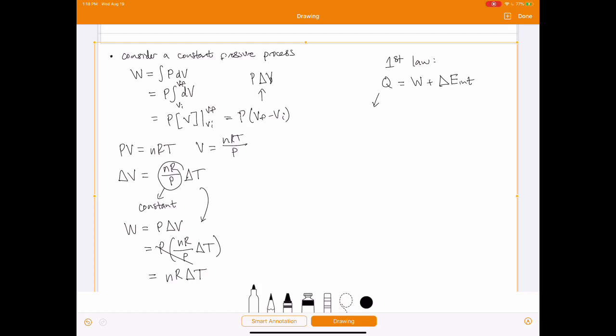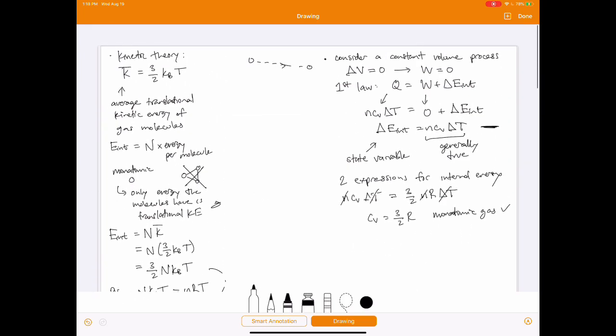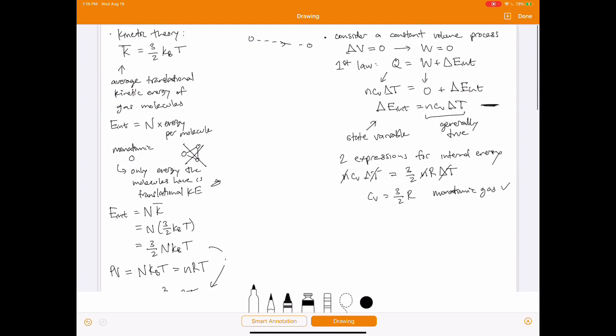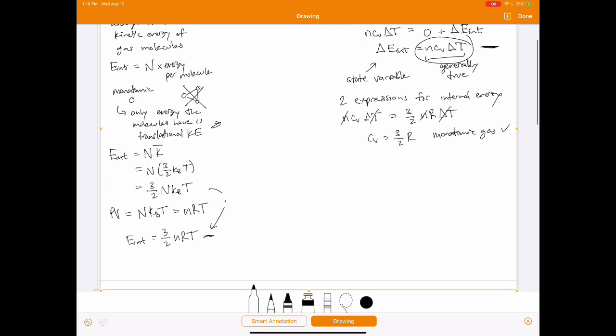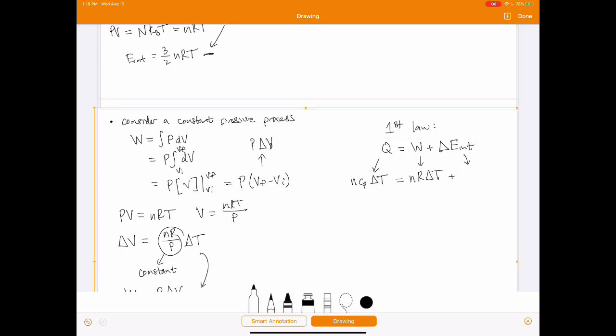We have a bunch of substitutions we can make. For Q, since we're dealing with a constant pressure process, this is given by n C_P delta T. The work we just found is given by n times R times delta T. And then finally, delta E internal, we worked that out earlier. We can write that as n C_V times delta T. That's this expression, so we can use that right here.